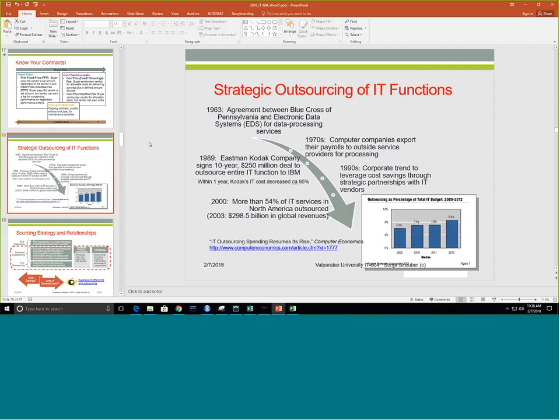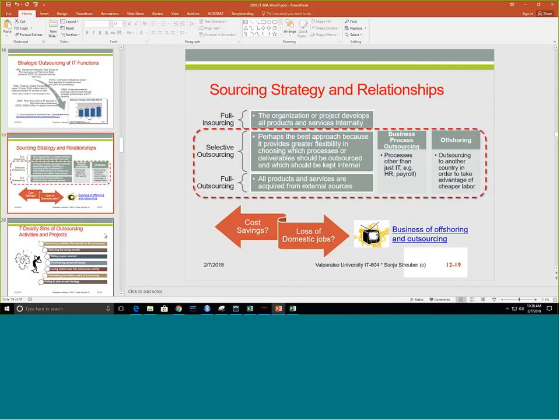So why are we talking about all of that? Well, because IT is a very special animal among all other industries. IT services are typically outsourced. That means somebody is purchasing IT services, or maybe you are in an organization in which you will be purchasing IT services. And purchasing IT services has to occur within a number of different models.